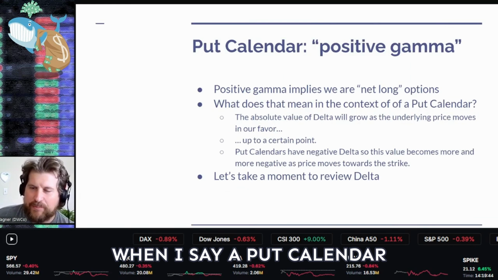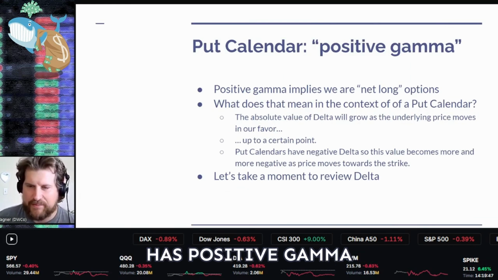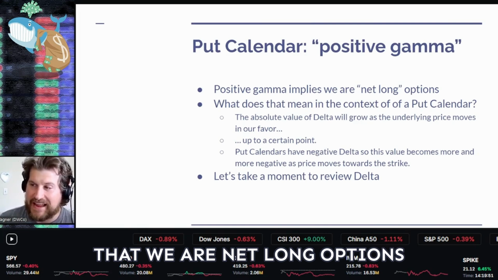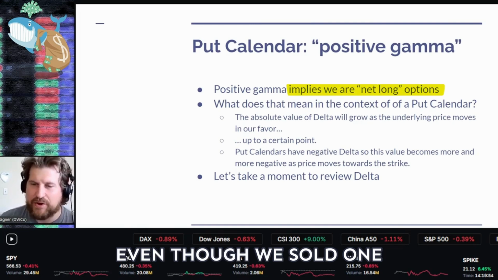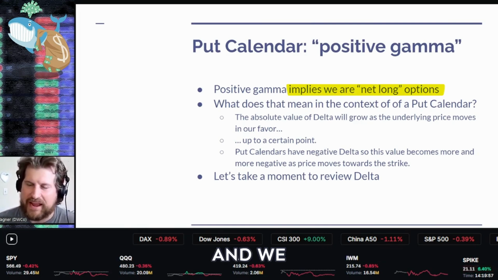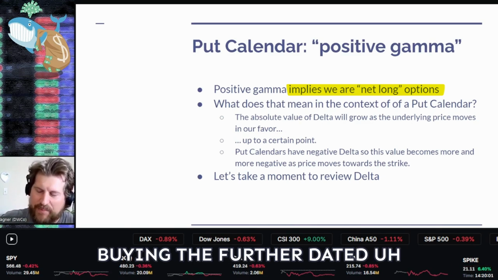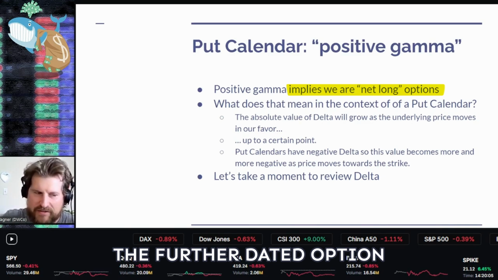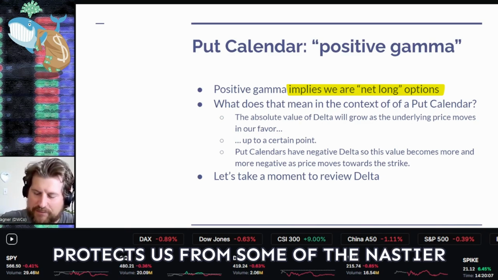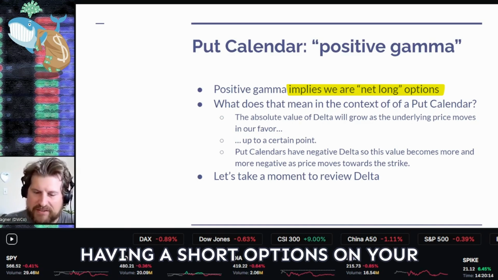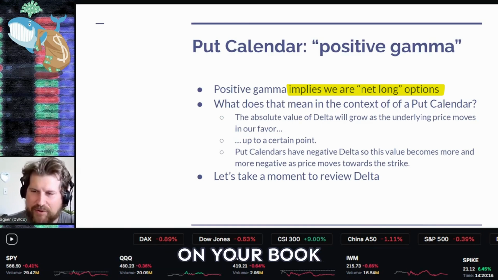When I say a put calendar has positive gamma, this positive gamma is implying that we are net long options. Even though we sold one and we bought one, the extra time that we have by buying the further dated option protects us from some of the nastier effects that are associated with having short options on your book.